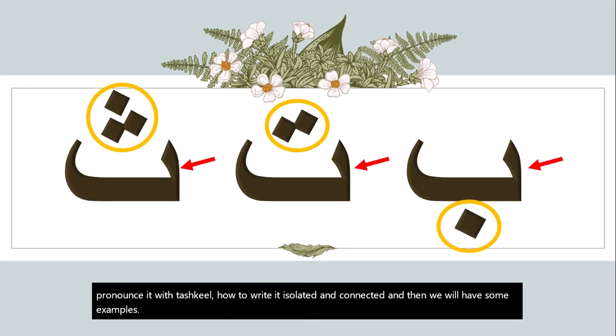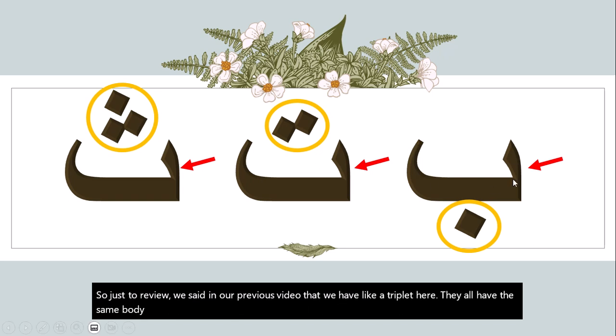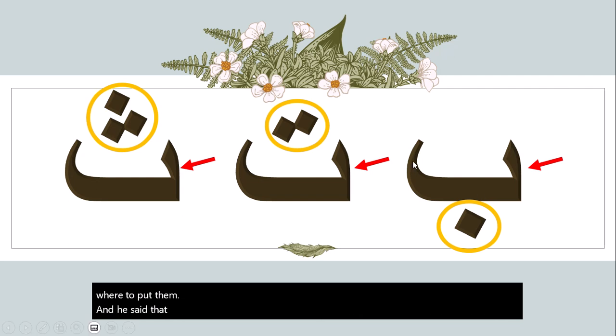So just to review, we said in our previous video that we have a triplet here. They all have the same main body, and they differ in the number of dots and where to put them. Ba is the first one of the triplets, so it has only one dot.